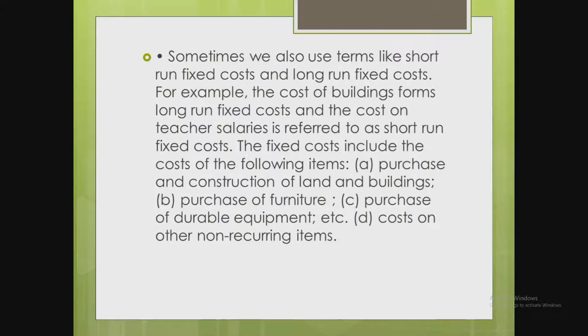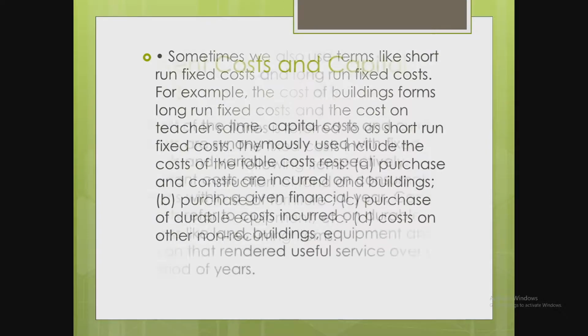For example, the cost of the building forms long-run fixed costs, and the cost of the teachers' salaries is referred to as short-run fixed costs. The fixed costs include the cost of the following items: A. Purchase and construction of land and buildings for the school. B. The purchase of furniture. C. The purchase of durable equipment, etc. D. Cost on other non-recurring items.